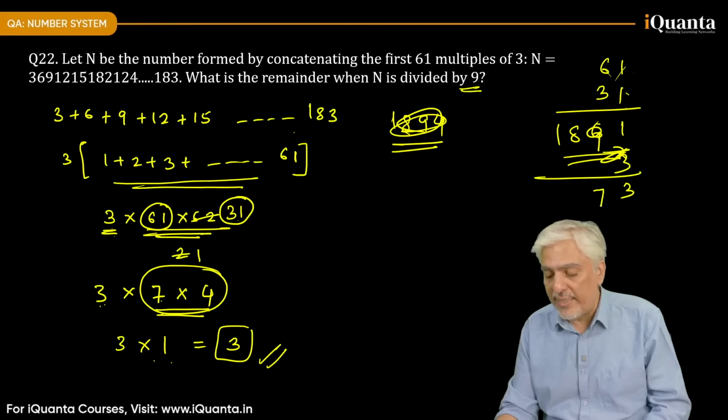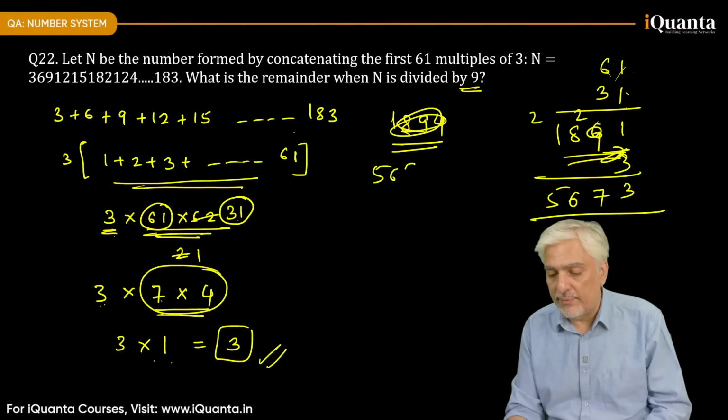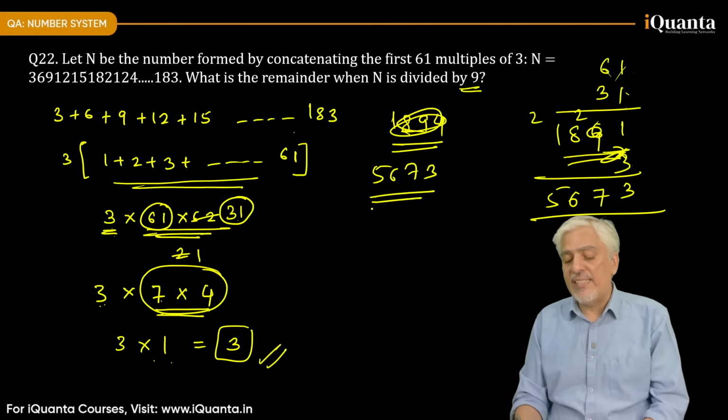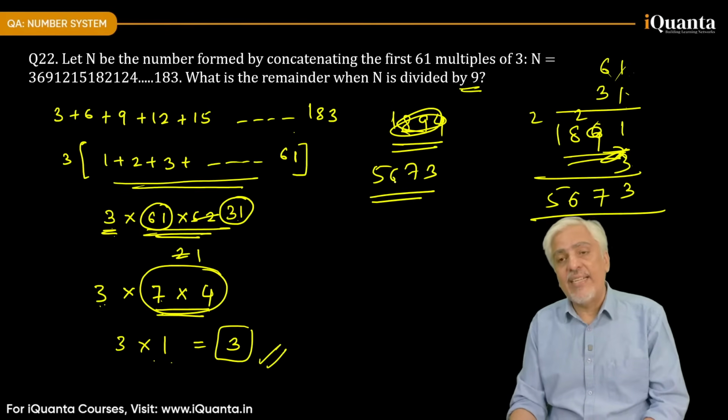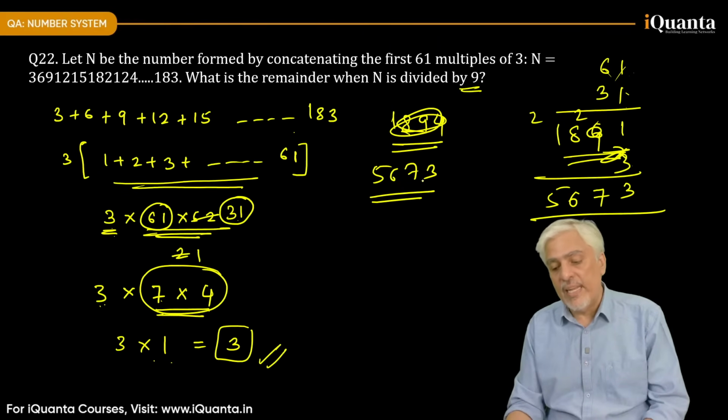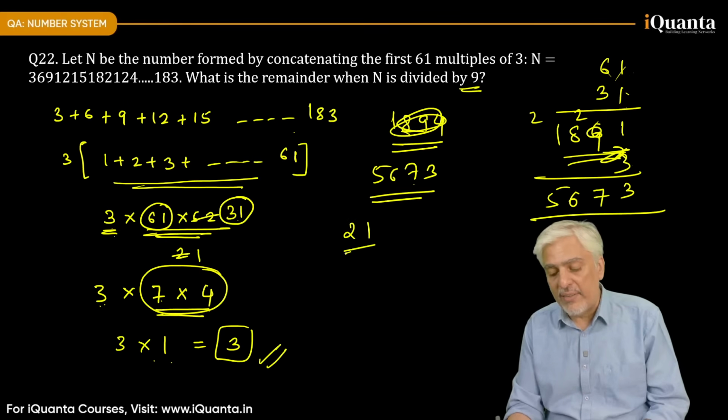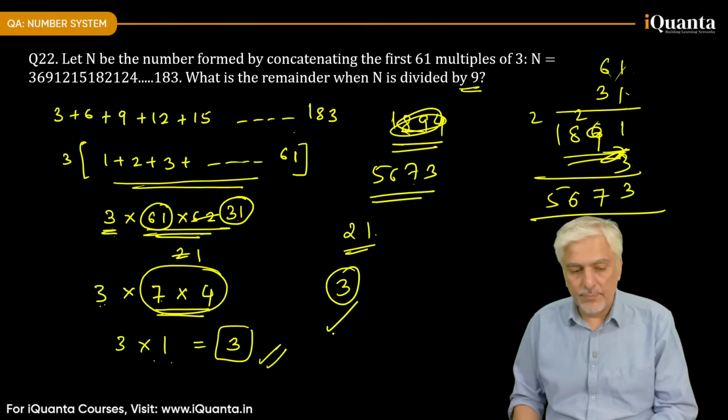So 3, 27, 2, 24, 26, 2. 5673. And then again digital sum we can go for 11. 11 plus 7, 18. 18 plus 3, 21. 21, 2 plus 1, 3. And that's the remainder.